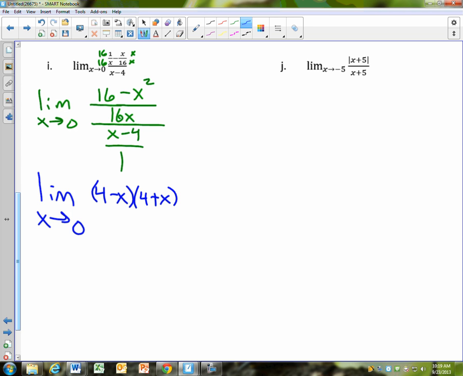The order does matter here because you have a negative. It's different by a factor of negative 1, over 16x times 1 over x minus 4.